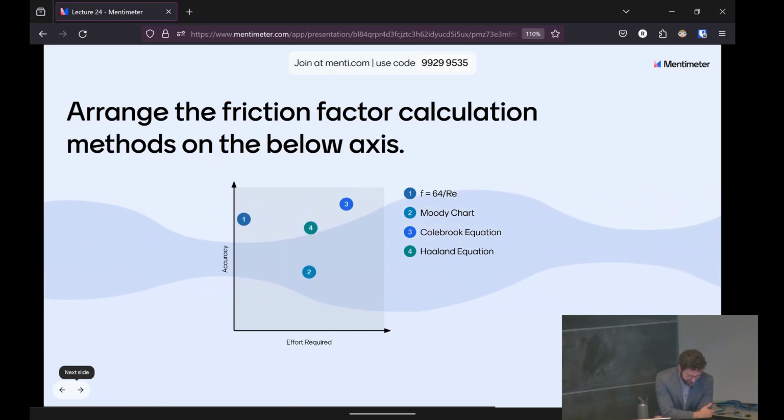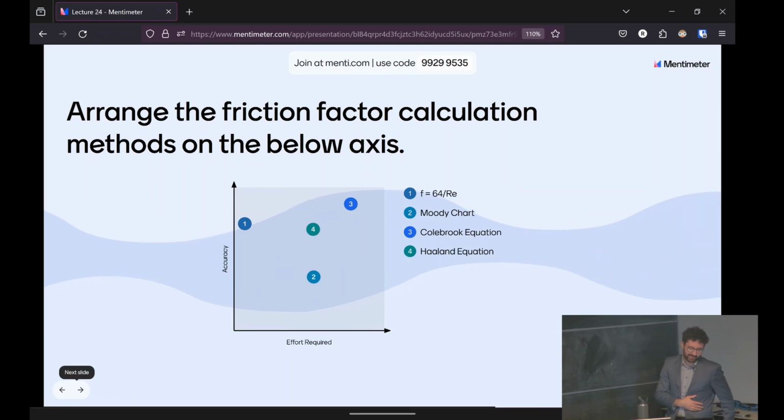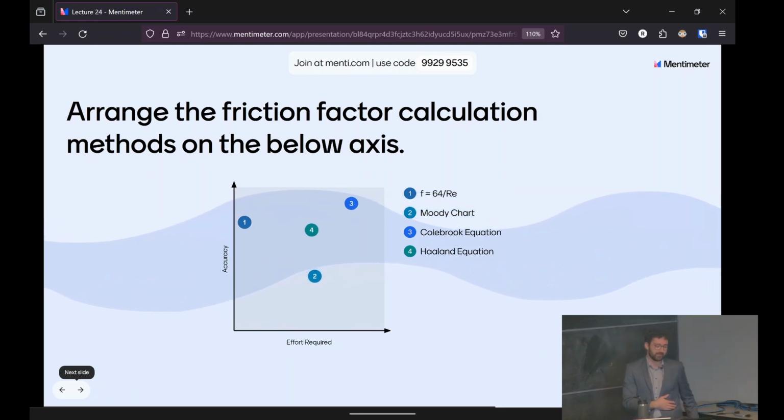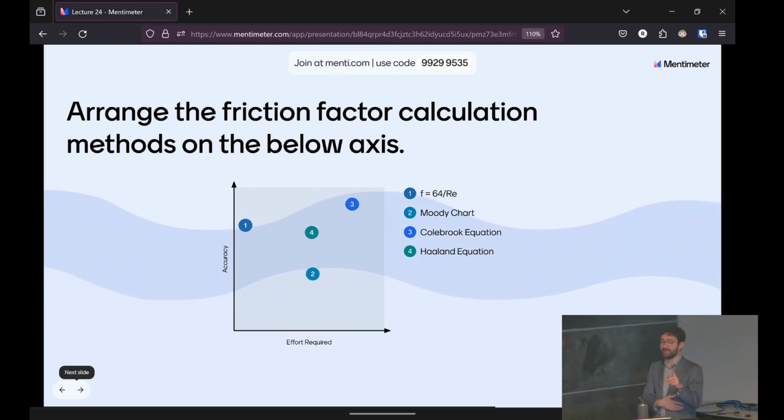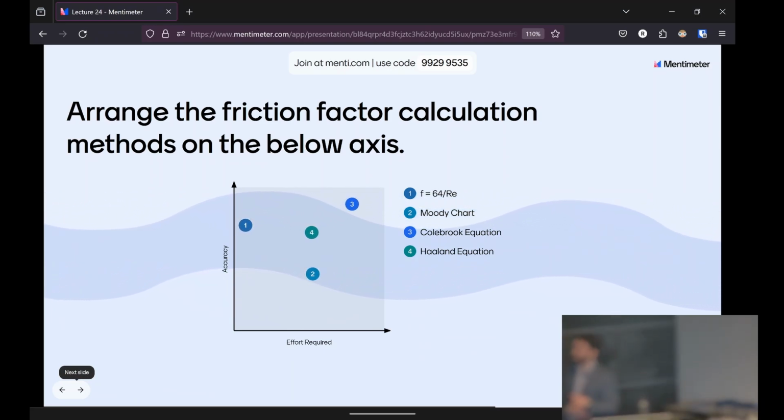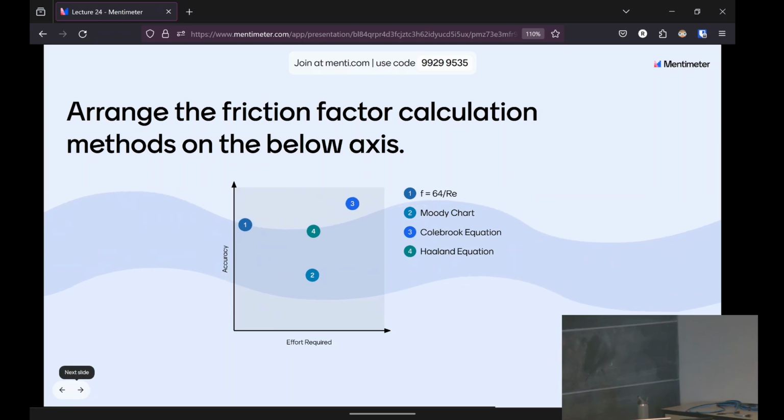Yeah, very nice. I would say the 64 over the Reynolds number is exact. It's analytically derived, I didn't derive it, but someone did. It's exact and it's super easy, so I would put it right at the top.